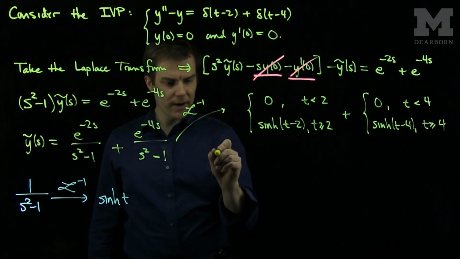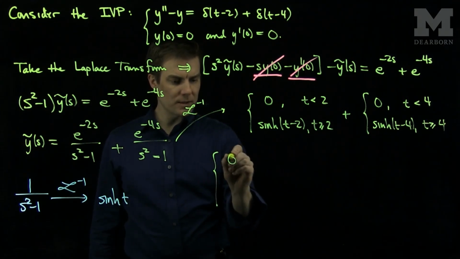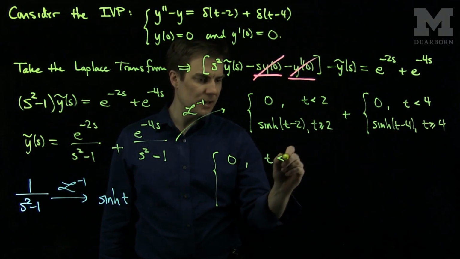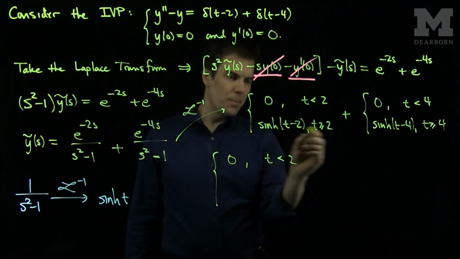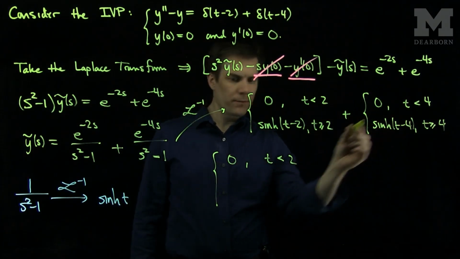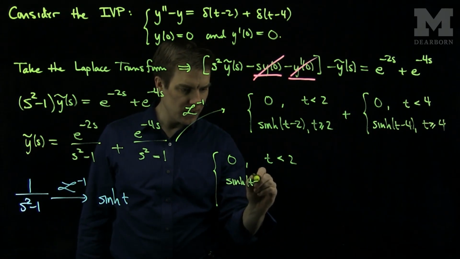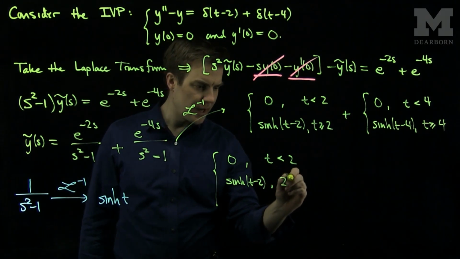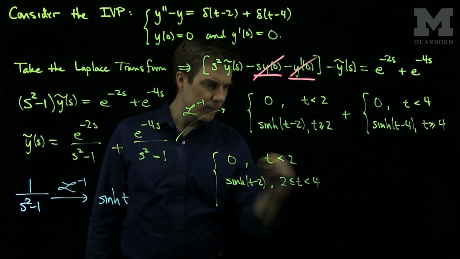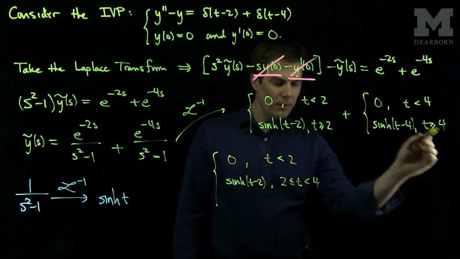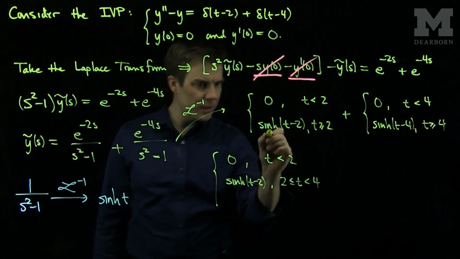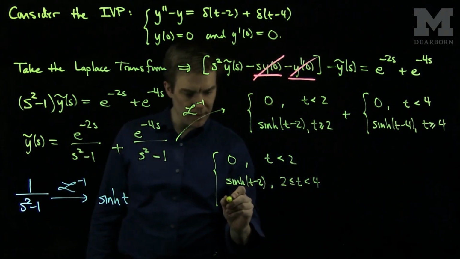Now we can break this up even further. We can say that our final solution will be 0 if t is less than 2. Between 2 and 4, I will just have the sinh of t minus 2. And between 4 and infinity, we'll have both the sinh of t minus 2 and the sinh of t minus 4.